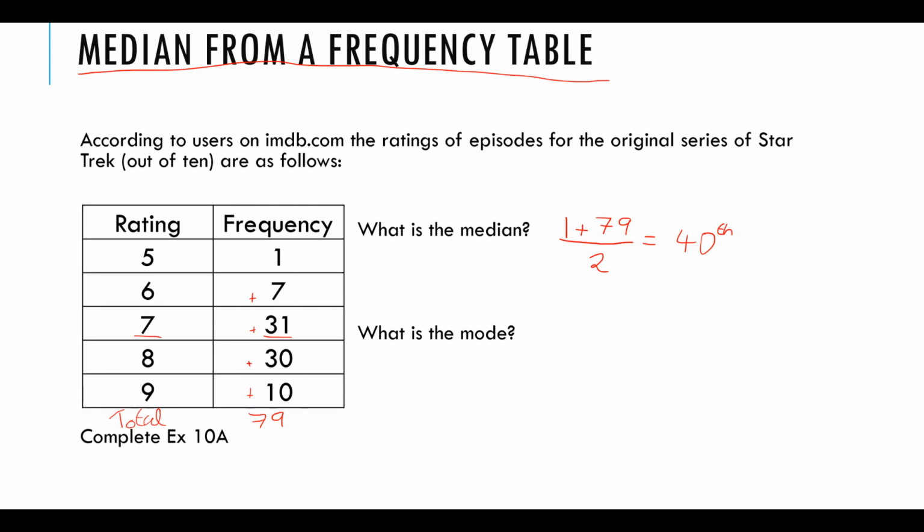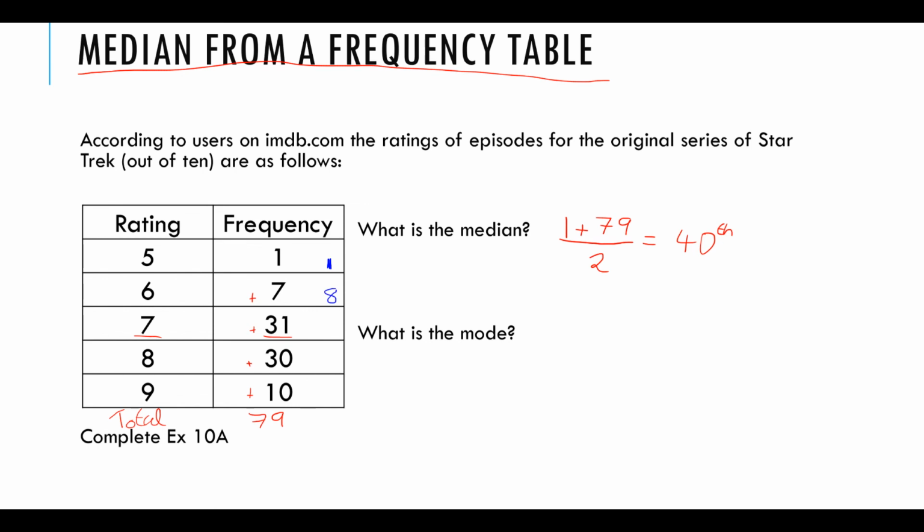How do we find the 40th position? Well, we just keep adding up the frequencies until we get to 40 or a number that's above it. So in blue on the right, I'm just going to do a little running total of the frequencies, also called a cumulative frequency. So for a rating of 5, there's just one episode included. For a rating of 5 or 6, there's 1 plus 7, so a cumulative frequency of 8.